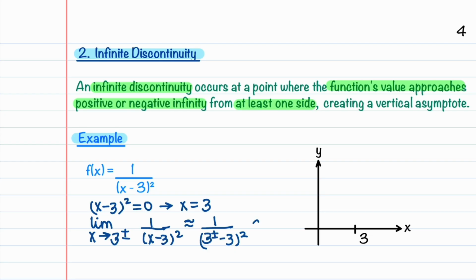And this is approximately 1 over 0 from the right or left squared, which is approximately infinity. So our function is approaching positive infinity from the left and the right side of x is equal to 3. This means we are going to have a vertical asymptote at x is equal to 3, and our function is going to look like this. This type of discontinuity is called an infinite discontinuity.